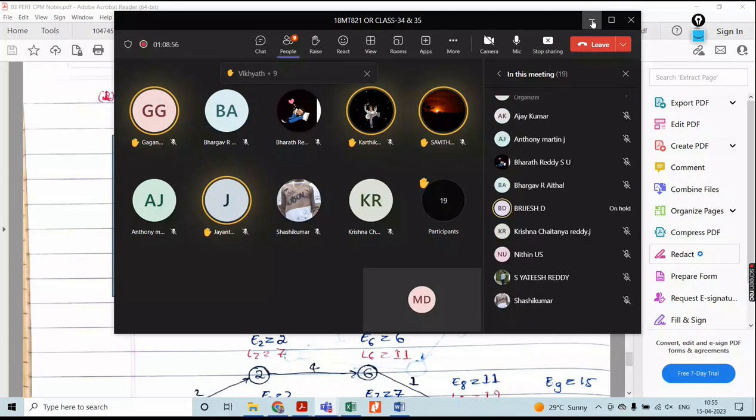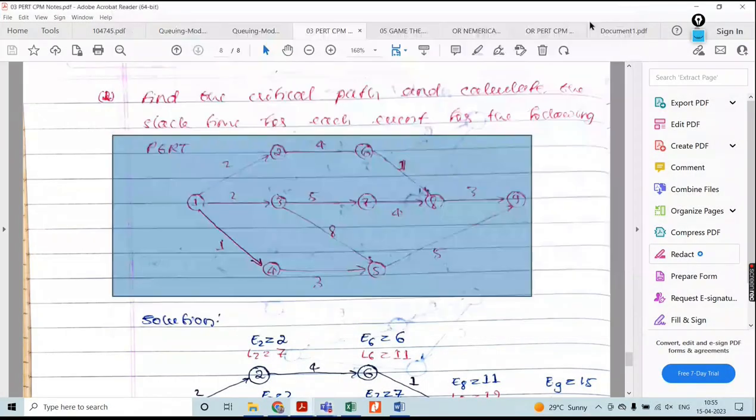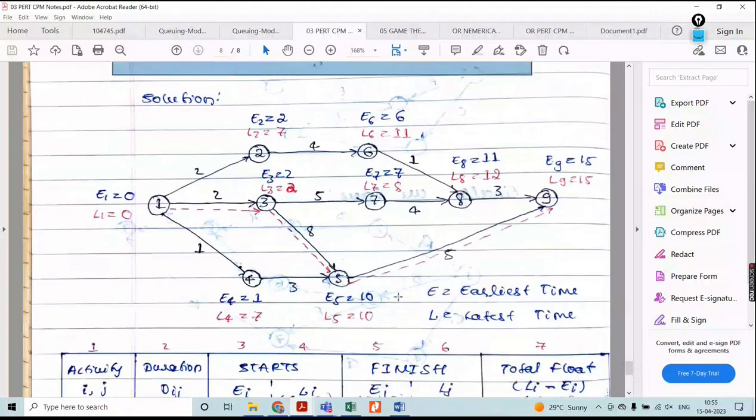Okay, if you write direct answers, then I'm not going to consider them for evaluation. Keep this in mind. Then, how are you going to evaluate the earliest time? Initially, you can assume the starting point is 0, E1. Then you have 2, 2, 1.